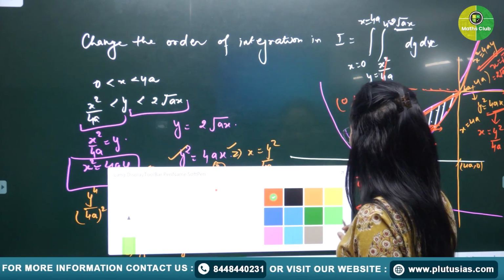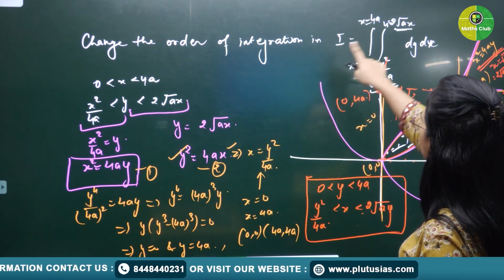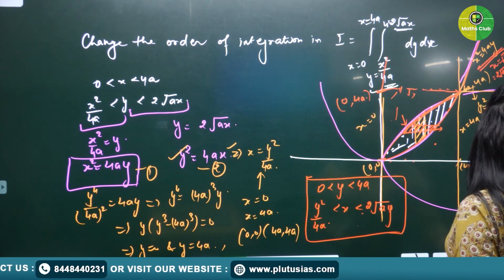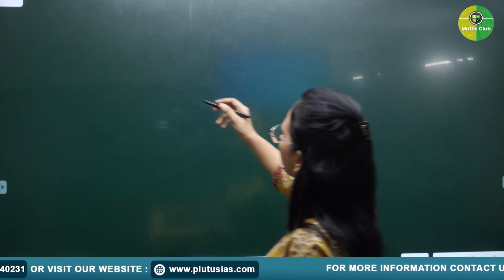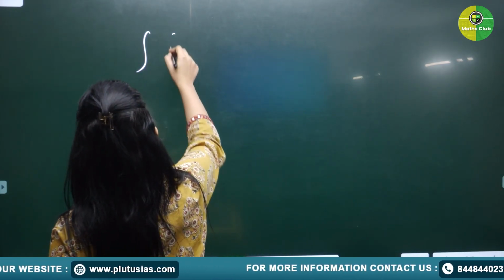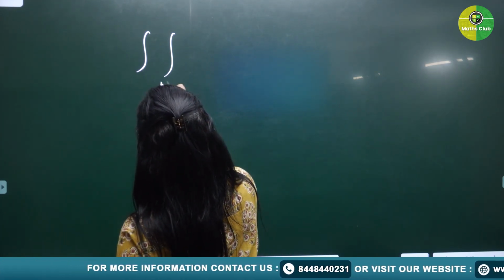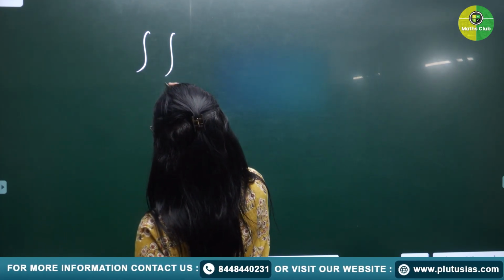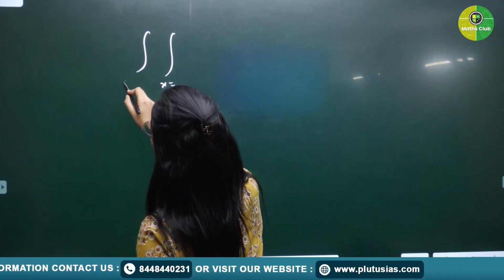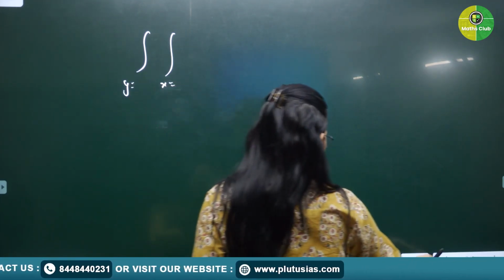So now we can calculate this integration by using the principle of change of order of integration, and this becomes: now we have changed limits, inside we have limits of x, and outside we have limits of y.